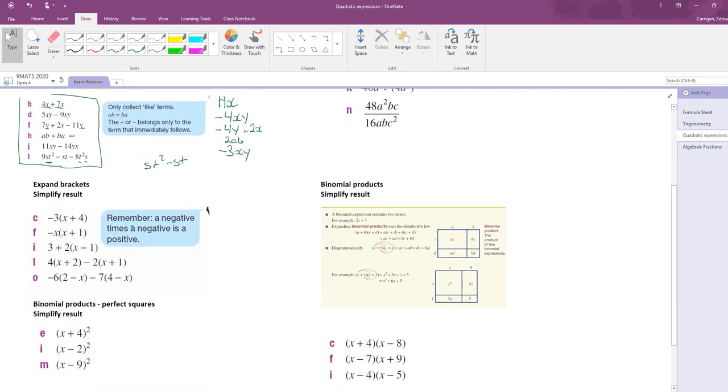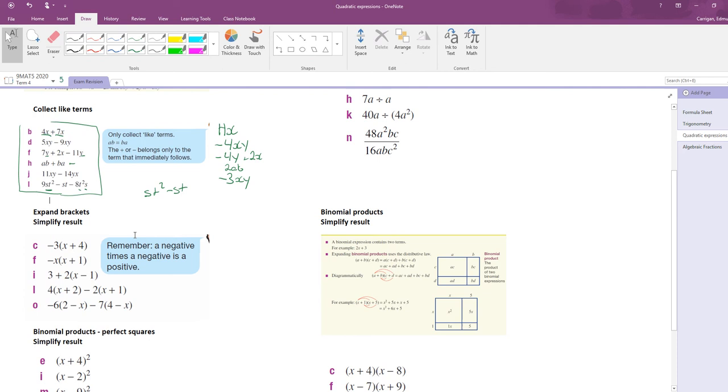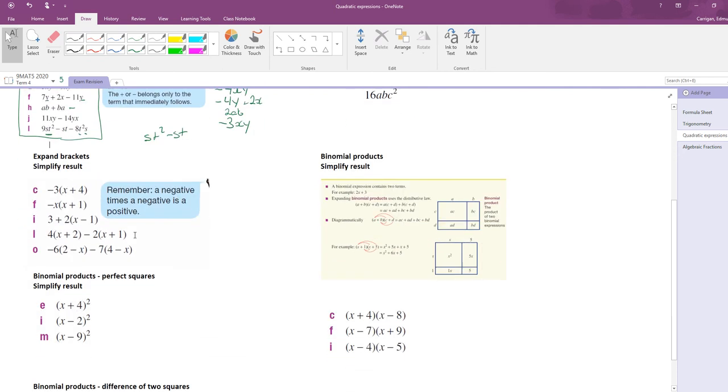All right, so the next thing we will need to do is expand our brackets and simplify the result. So I've been suggesting that we still use our box: minus 3 here, x plus 4 on top. Minus 3x, minus times a plus is a minus, 3 times 4 is 12, will be minus 3x minus 12.